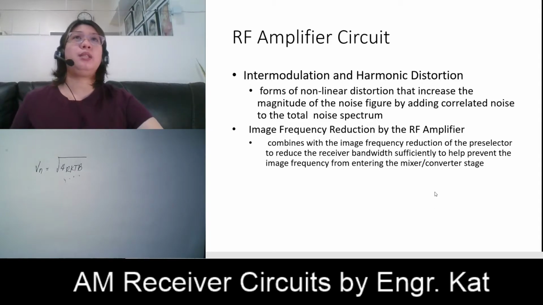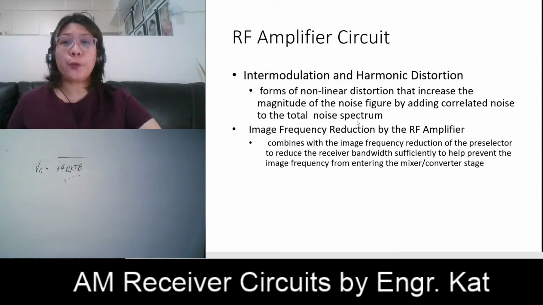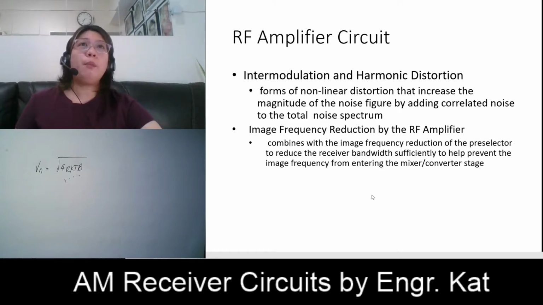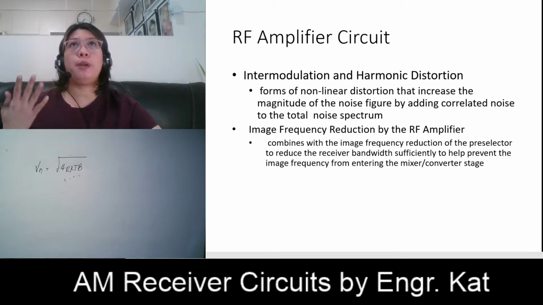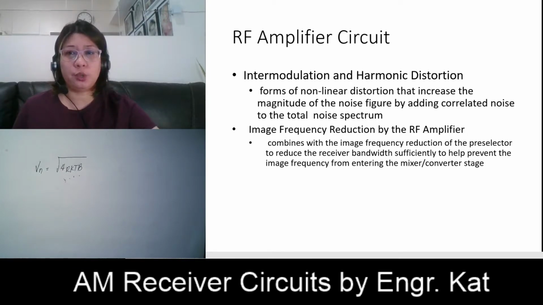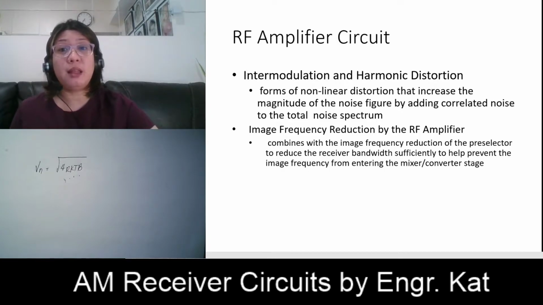We have here intermodulation and harmonic distortion. These are forms of nonlinear distortion that increase the magnitude of the noise figure by adding correlated noise to the total noise spectrum. The more linear an amplifier's operation, the lesser the nonlinear distortions, because intermodulation and harmonic distortions are characterized as nonlinear distortions.